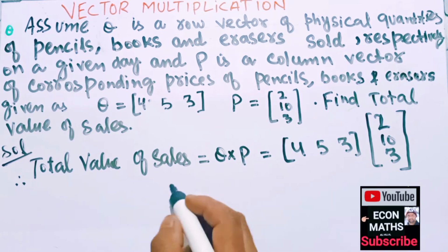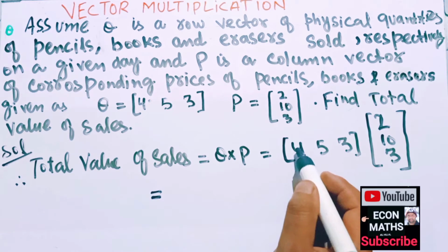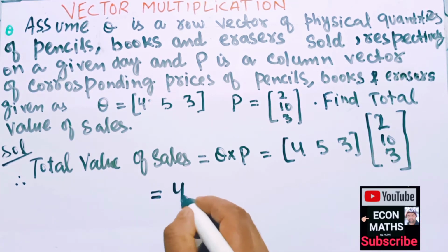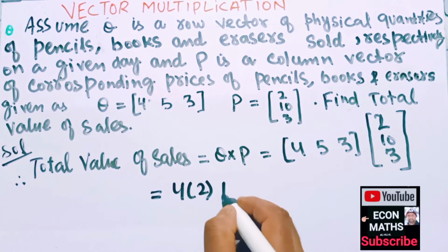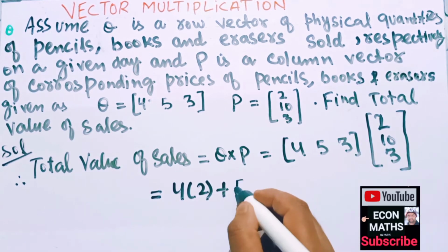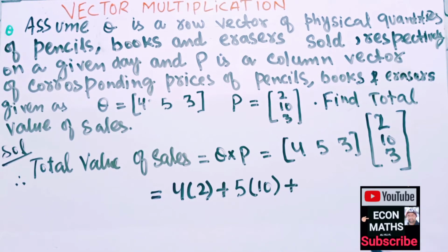As we have seen in the earlier example, we will multiply this 4 with the corresponding element here, that is 2. This is 4 into 2, plus this 5 multiplied with this 10, that is 5 into 10, plus this 3 multiplied with its corresponding element, 3 here, so 3 into 3.